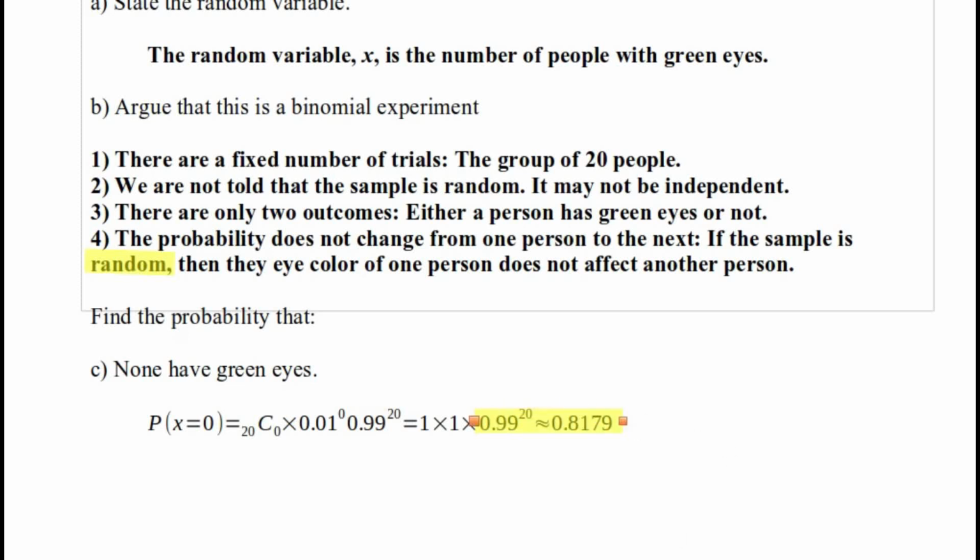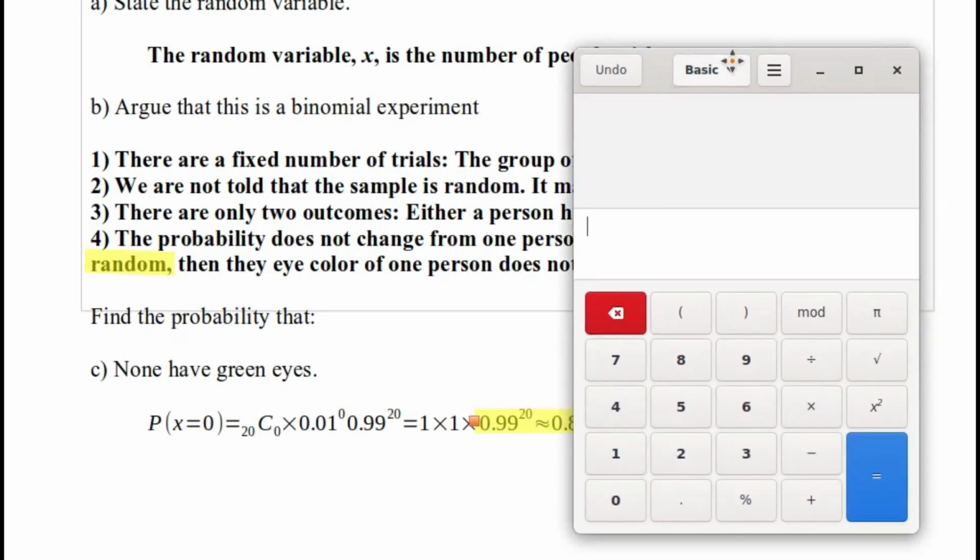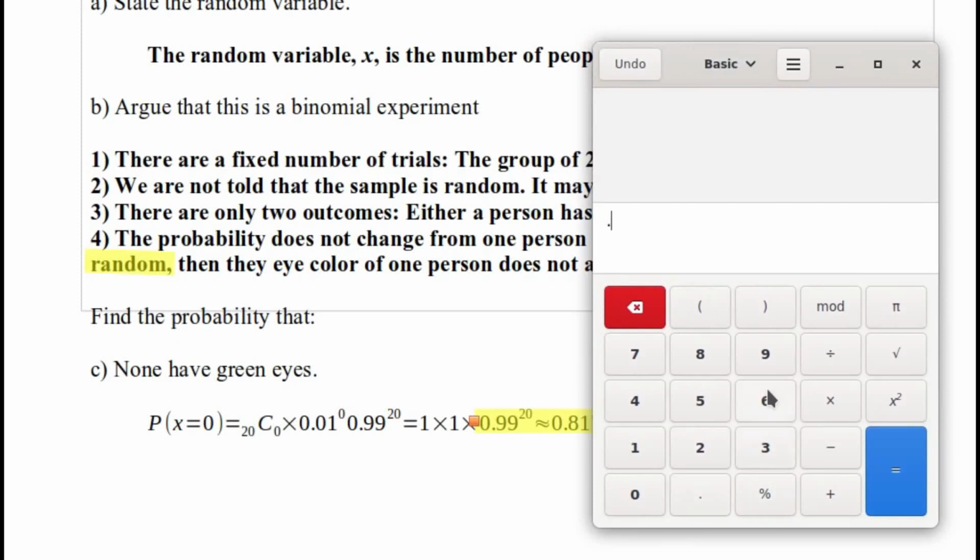We could do that with a standard calculator. So if we did that, 0.99 raised to the 20th power. So we're going to raise that to a power. So let's see, how are we going to do that?